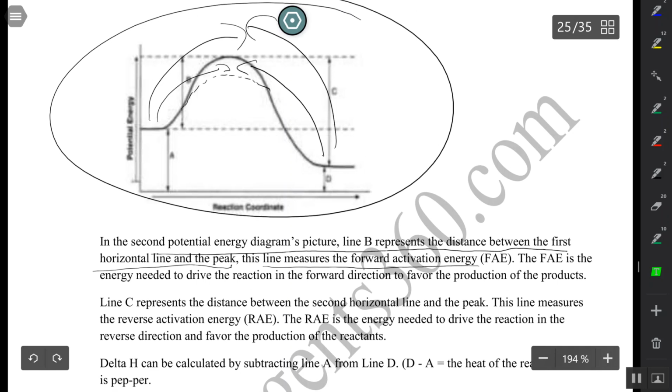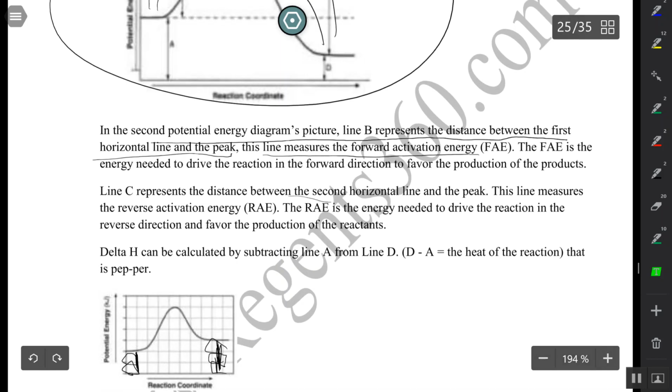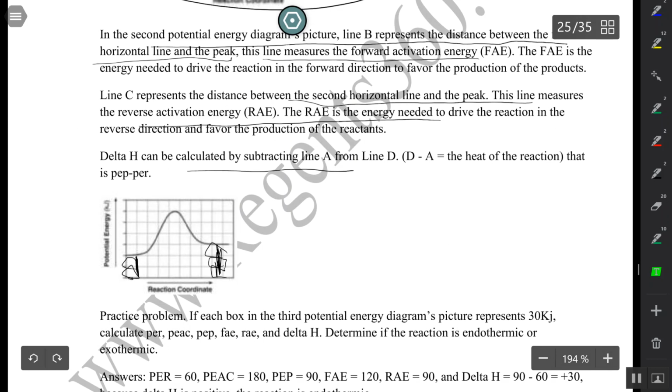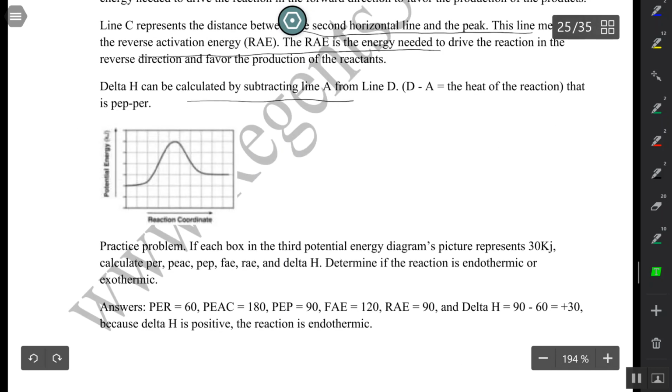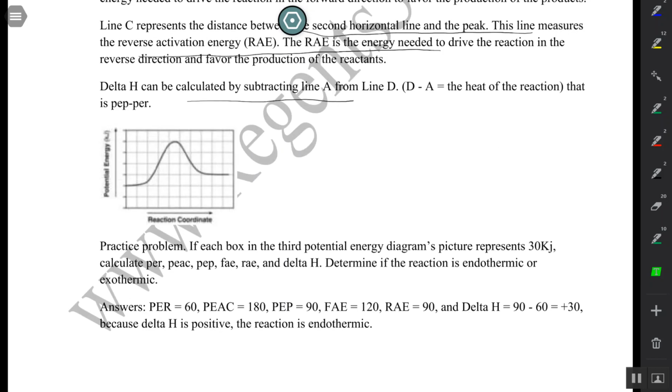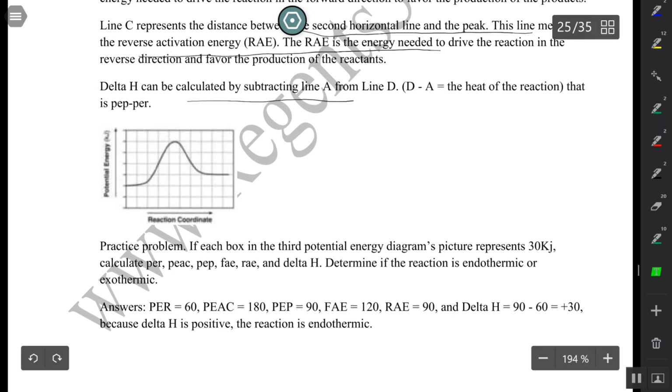Okay, so in this case here, if each one of those boxes was 30 kilojoules, so the potential energy of the reactants would be 60 kilojoules, and then the potential energy of the products would be 90 kilojoules.